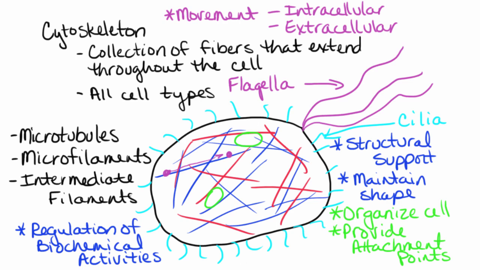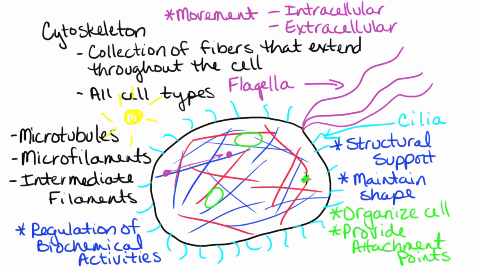Because if you had two parts of the cell that needed to interact with each other, then the cytoskeleton could maneuver those parts so that they're located right next to each other, and then obviously they're going to be able to interact better. Or another way to think about it is if we're thinking about maybe photosynthesis, and we've got some sunlight over here. So here's where the light is coming in. Well, the part of the cell that's responsible for intercepting that light energy is the chloroplast.